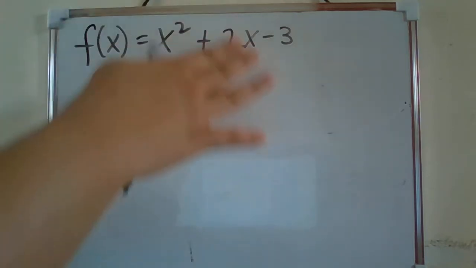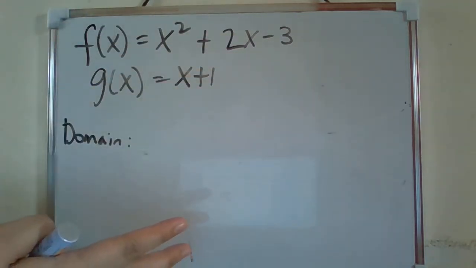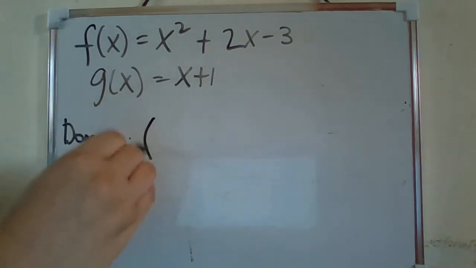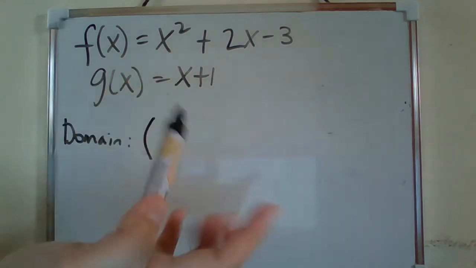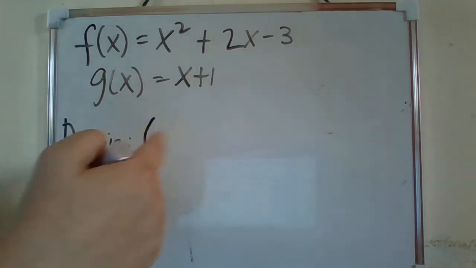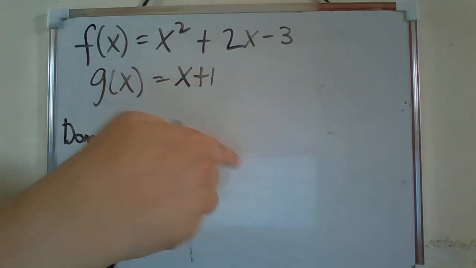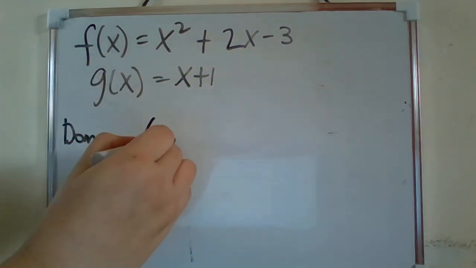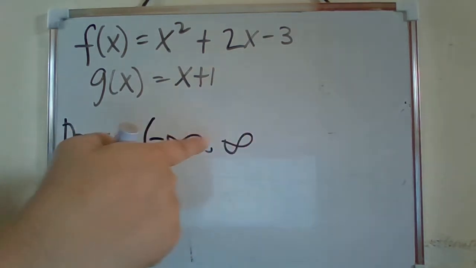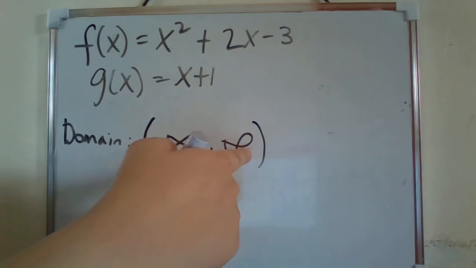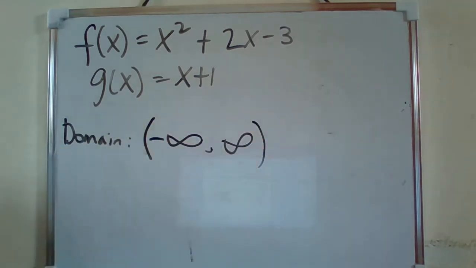Well, when it comes to this kind of equation, wala siyang restriction. Okay? So ang magiging domain ninyo, since wala naman siyang restriction, naka-open siya. So the parenthesis here, ibig sabihin, open siya. So, negative infinity to positive infinity. So, ganyan yung magiging domain ninyo.